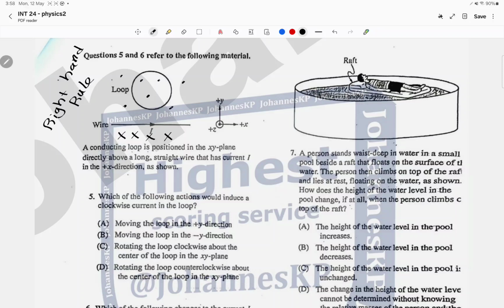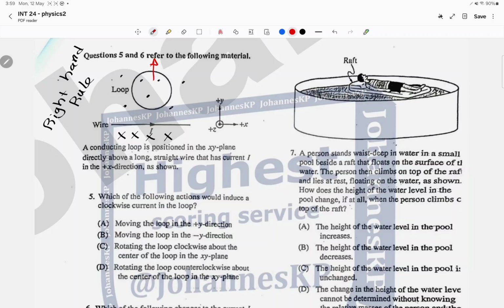Which of the following would induce the clockwise current in the loop? Well, look, as of now, the loop is experiencing a field that's going out of the page, correct? Let's talk about A. If we move the loop in the plus Y direction, that means we'll be moving it upward.